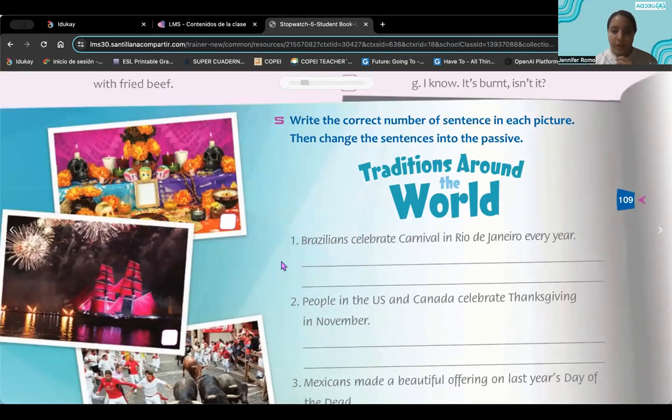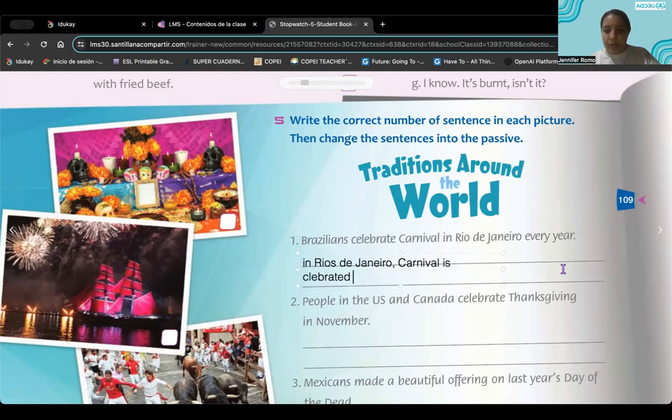Por ejemplo, aquí se puede hacer así. It says Brazilians celebrate Carnival in Rio de Janeiro every year. So, I can say, in Rio de Janeiro, Carnival is celebrated.